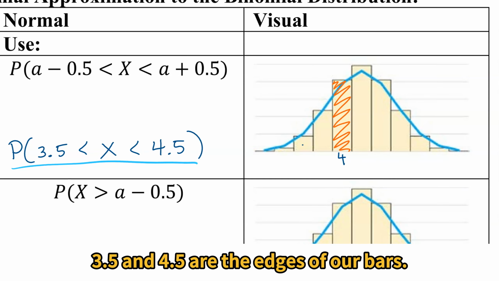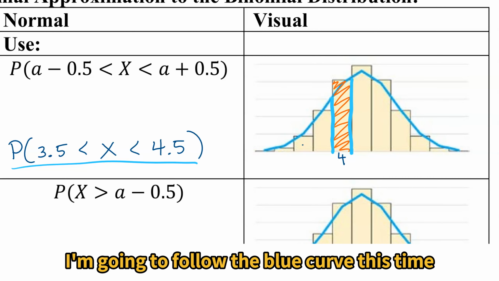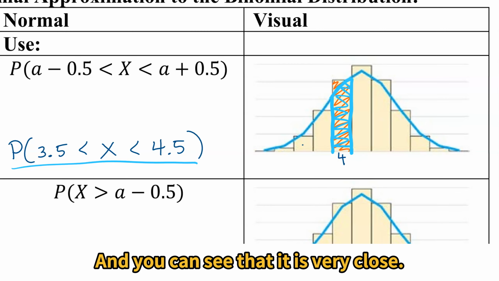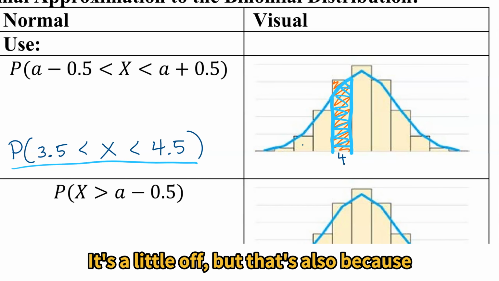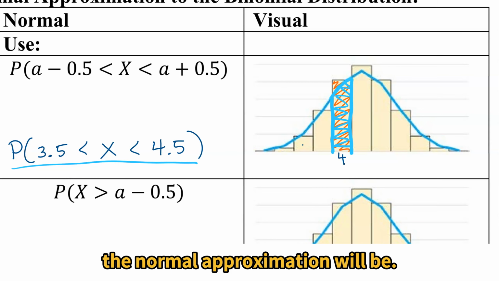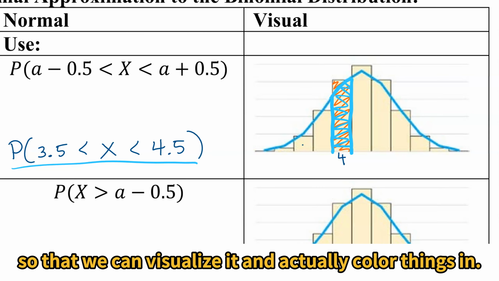So in order to find the probability using the normal distribution, I'm going to follow the blue curve this time, and we'll find this probability. And you can see that it is very close. It's a little off, but that's also because we have a very small n at 10. The larger the value of n, the more accurate the normal approximation will be. So I'm using a small number so that we can visualize it and actually color things in.